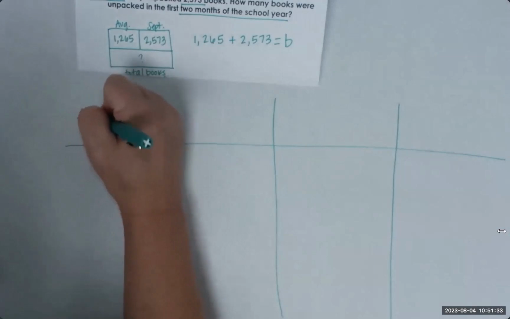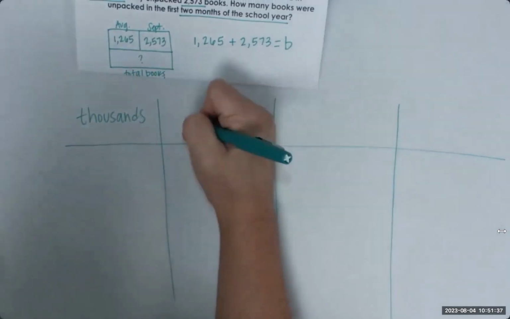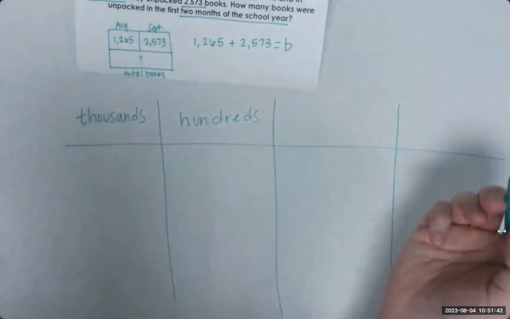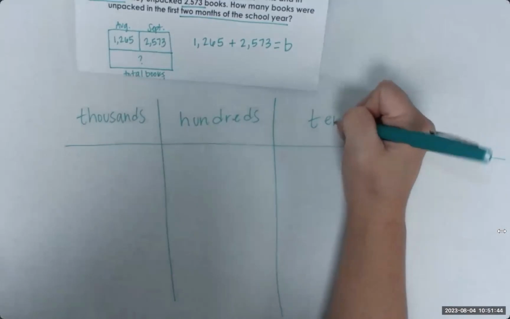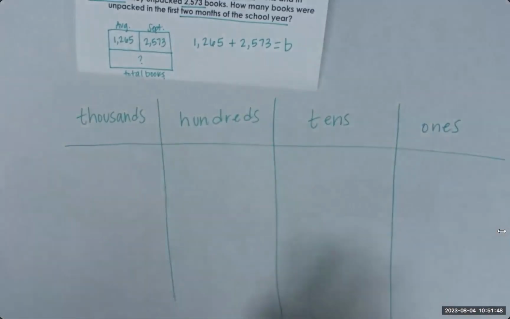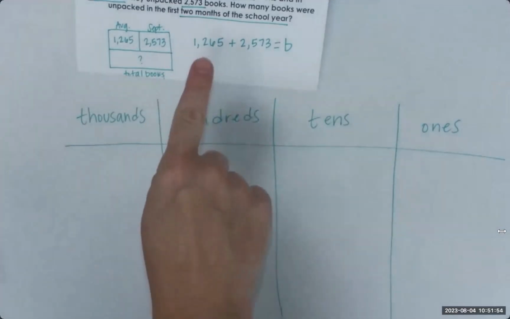So we've got my thousands, we've got my hundreds, got my tens and ones. Okay, so first thing I want to do when I am working with addition is I need to represent each number, right?